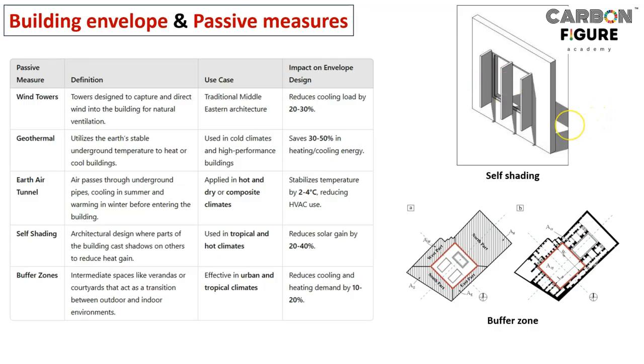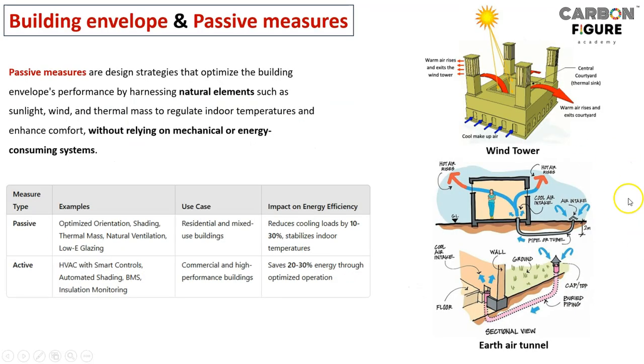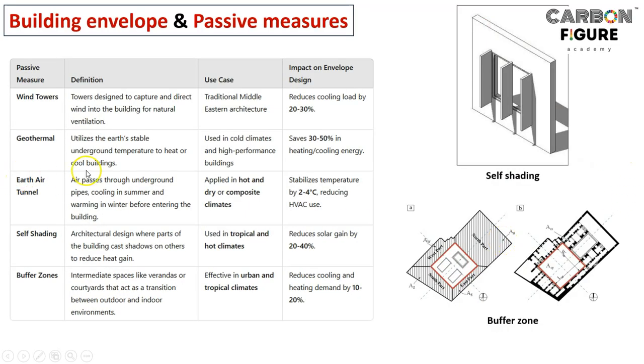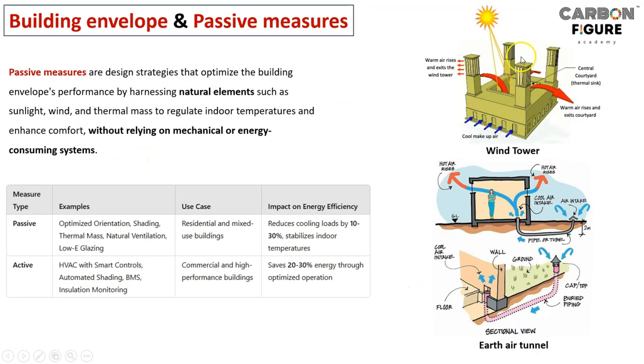So that the walls will be under some self regulated shading, so it would reduce the heat ingress towards the building. Then earth air tunnel, that's what we have seen here. Then we have geothermal. Obviously geothermal uses the earth's stable underground temperature to heat or cool the building, right? Then wind towers, obviously this is what it means.